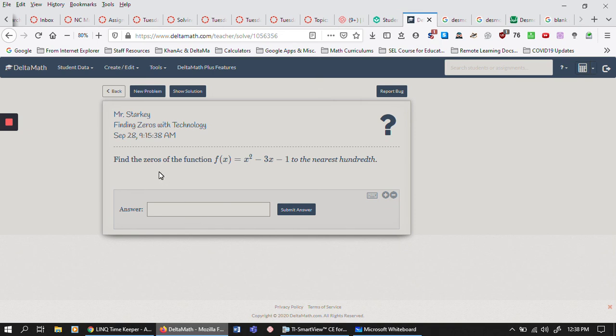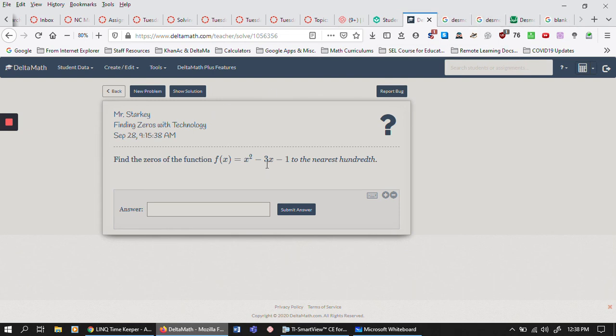So Delta Math is going to call them zeros, and you'll probably hear me in the future calling them zeros, and you'll also hear me saying another name for them, which I'm not going to say right now, but again, they're also called zeros, these solutions, the real solutions, these x-intercepts.